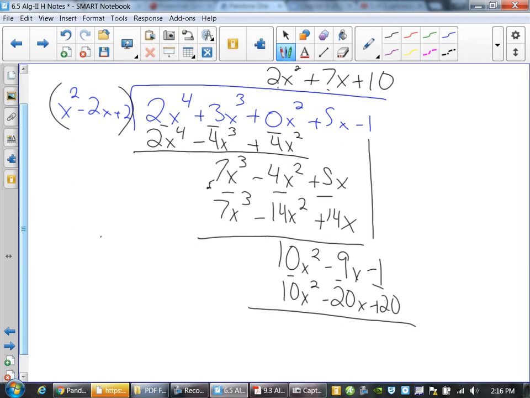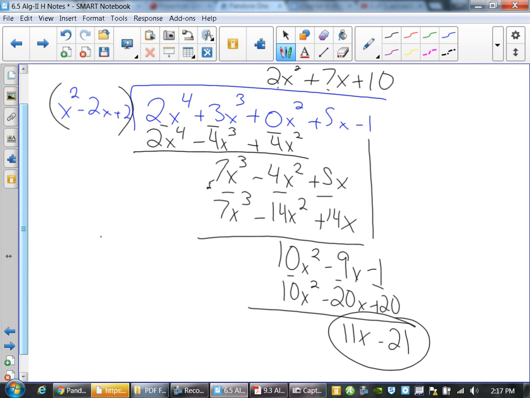So 10 minus 10, that goes away. Negative 9 minus negative 20, 11, very good. And then negative 1 minus 20, negative 21. That's now a degree less than what I was dividing by, which means it's the leftover, which means it's a remainder, which means we write it as a fraction.